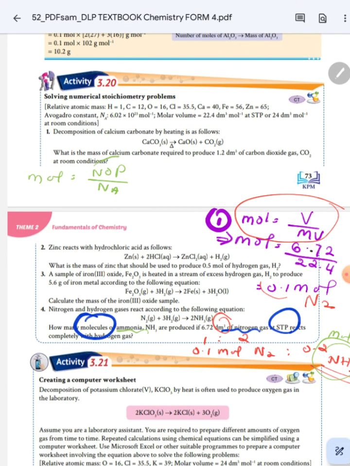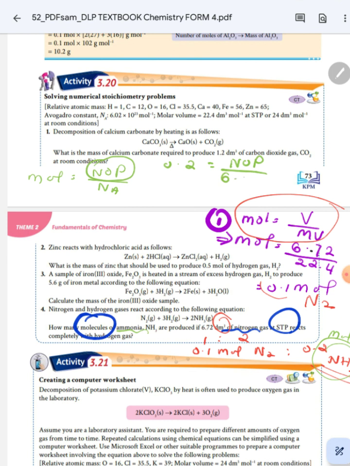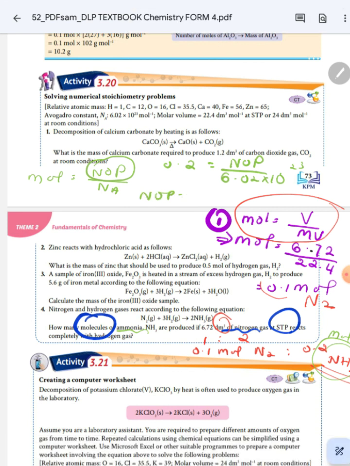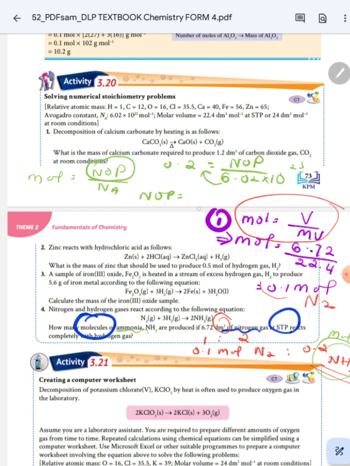Now we want to find the number of particles. We already have the number of mole, so 0.2 equals number of particles divided by the Avogadro constant, which is 6.02 times 10 to the power of 23. So the answer is 6.02 times 10 to the power of 23 times 0.2.